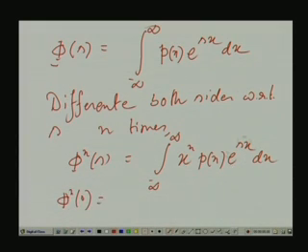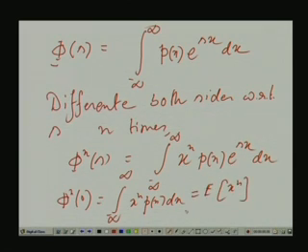Then e to the power s x becomes 1, and you have got this quantity, which is nothing but the expected value of x to the power n, the nth order moment.